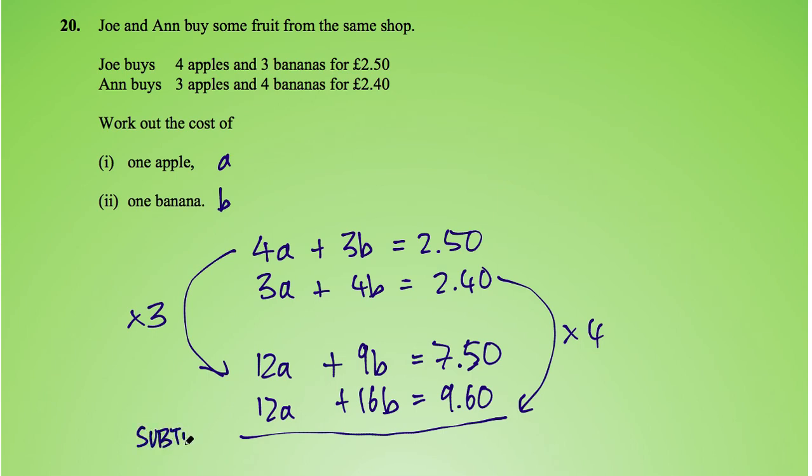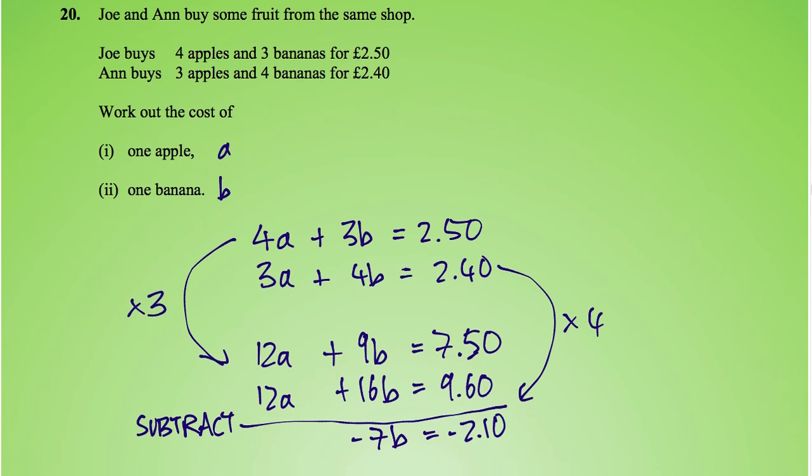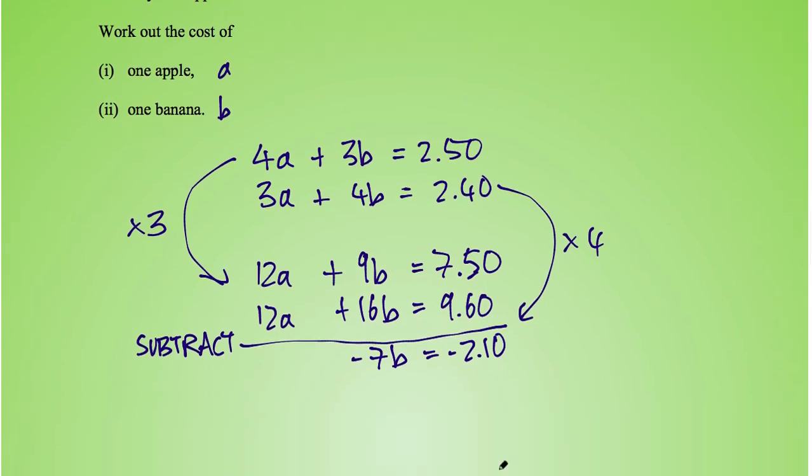So 12A minus 12A is 0, which is why I've done it. 9B minus 16B is minus 7B. £7.50 minus £9.60 is minus £2.10. I'm now going to solve for B. So divide both sides by minus 7. And that gives me B equals 30p, £0.30.